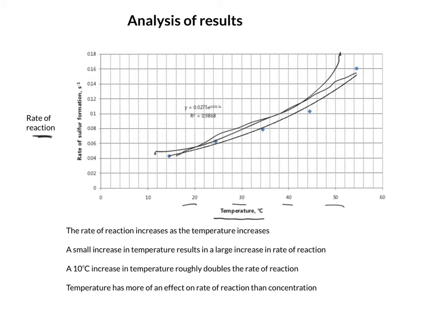But the key thing is a 10-degree increase in temperature doubles the rate of reaction, and that temperature has more of an effect on the rate than concentration. Concentration was a straight line, whereas temperature is a curve, because a small increase in temperature results in a big increase in rate of reaction.